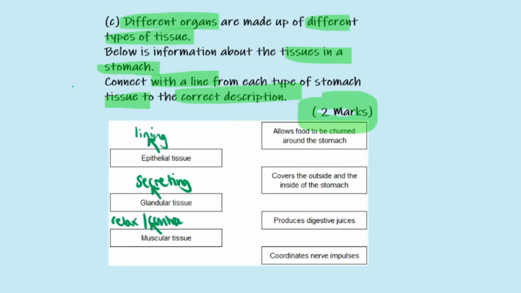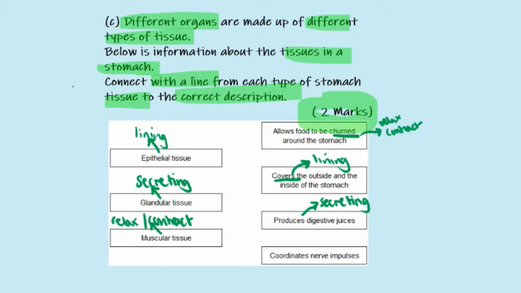as a muscle would. For the description, we have allows food to be churned around the stomach, so churning suggests that it would relax and contract, covers the outside and the inside of the stomach, so this suggests it would be lining, produces digestive juices, so this suggests it would be secreting, coordinates nerve impulses.